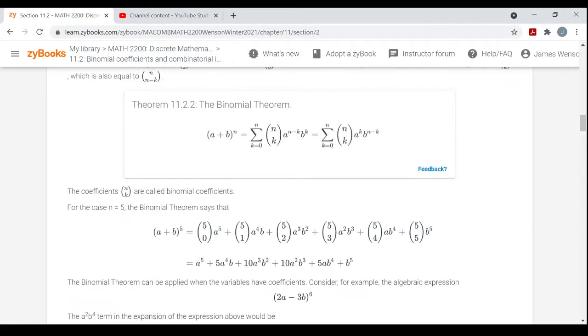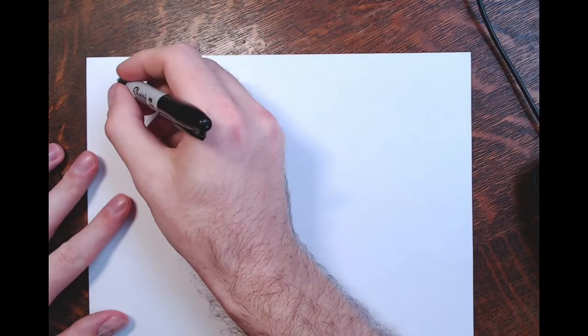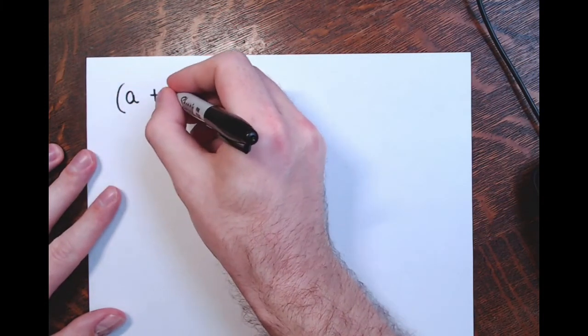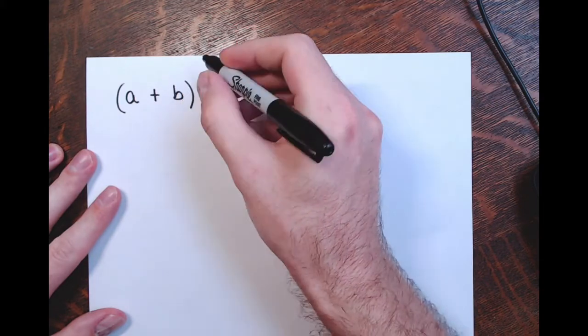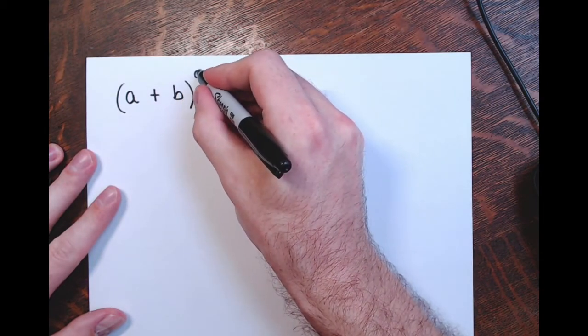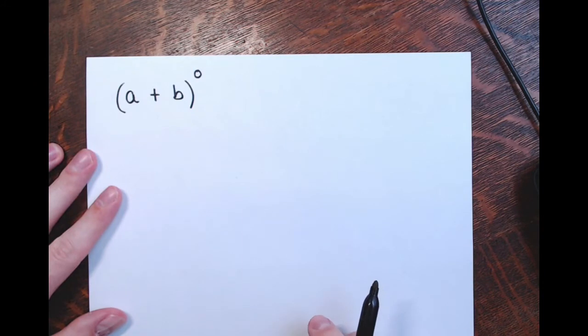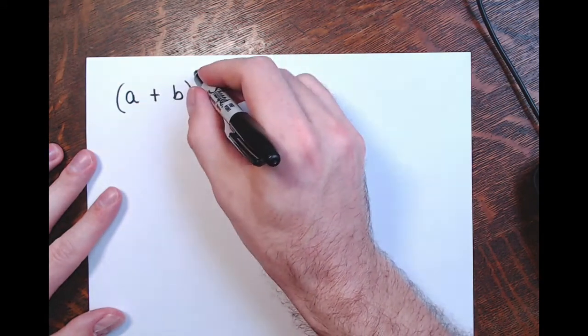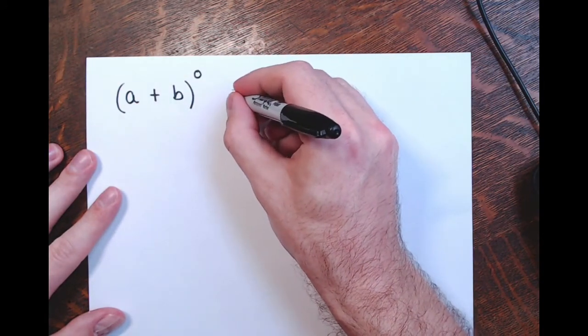And let me actually go over some of these. Let me write some of this stuff out. So let me start taking binomials to powers. So if I take a plus b and raise it to the 0 power, well, remember, anything to the 0 power is just 1.